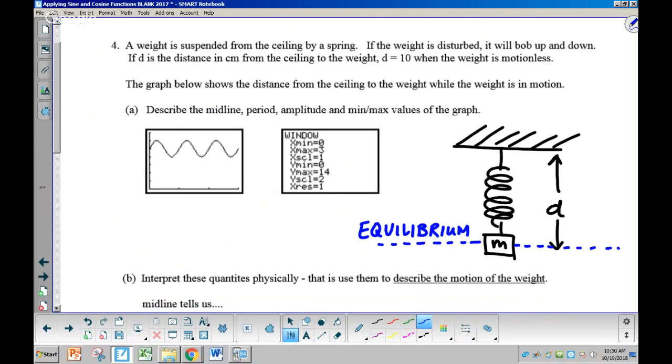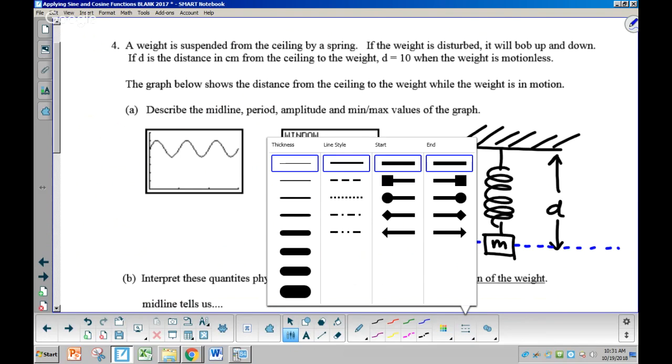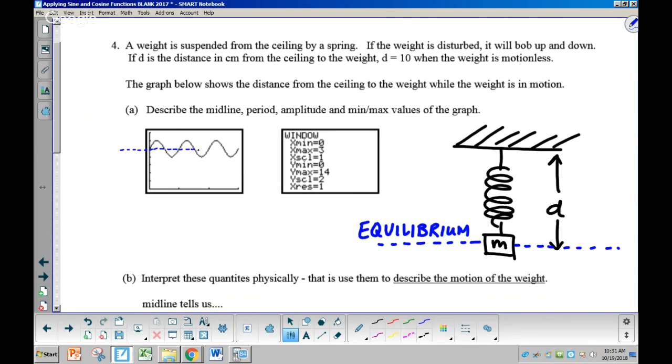So I have a graph here that I put on my calculator and then imported into this. It says describe the midline, the period, the amplitude, and the min-max values of the graph. Okay, so if it's motionless and it's in equilibrium, that is the midline. So this is saying it is 10 centimeters from the ceiling. So our midline is 10. On my graph showing the motion, I'm going to put the midline at 10 because I know it's 10. I gave you the scaling because I showed you the window that we're viewing it at.